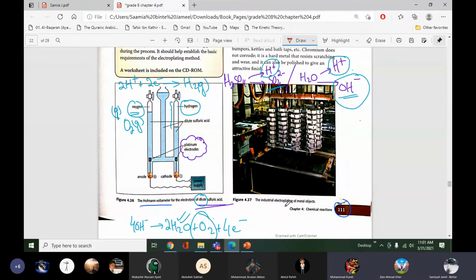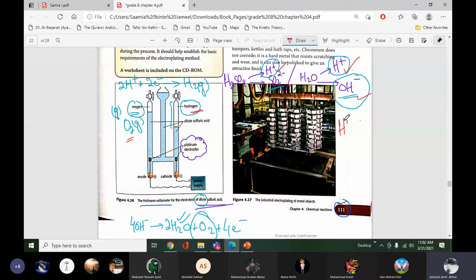Because in water there are two hydrogen ions for each OH ion. See, the sulfuric acid is also giving hydrogen. Very good. Sulfuric acid is giving hydrogen plus, and water is also giving hydrogen plus, and there is only one OH.